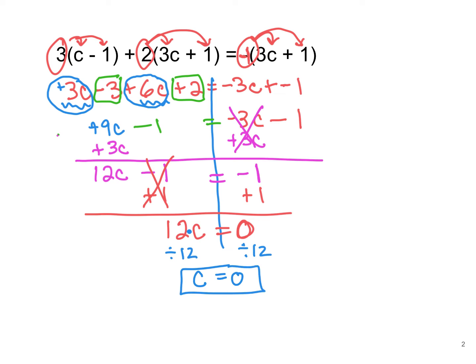So c is going to equal 0. Is that okay? Yes. 0 is a number. He's on the number line. The answer is c equals 0. So if you don't have this written down on your note page, go ahead and write it down. Pause right now and write it down, because you will need to know how to do this.